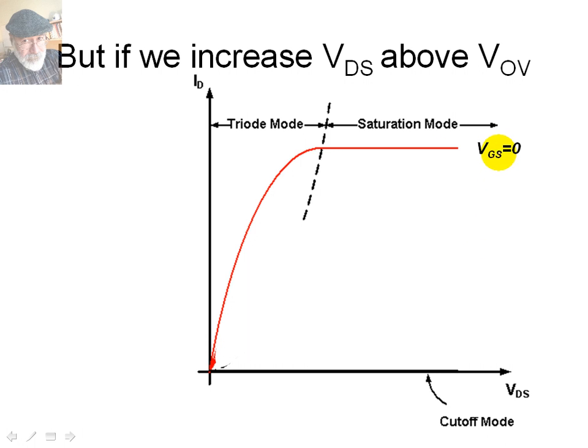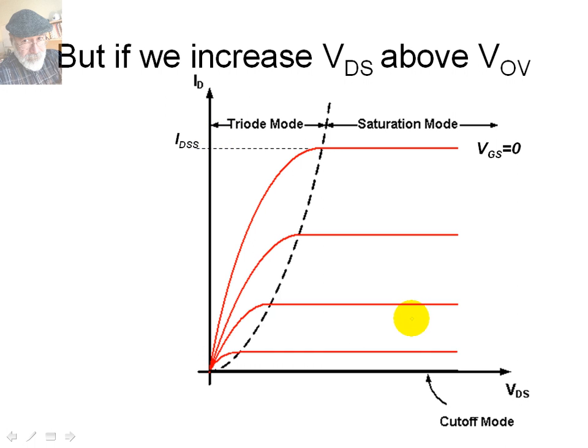If the gate source voltage is 0, then that constant value is called the drain to source saturation current, and that is a characteristic of the transistor that the manufacturer will include in the data sheets. For different values of the VGS voltage, we have different curves.